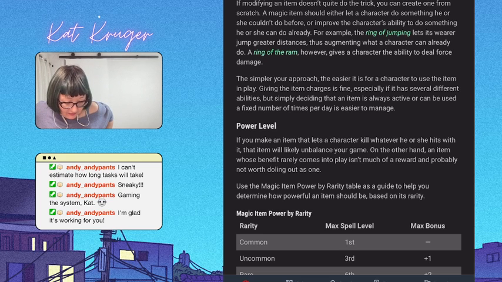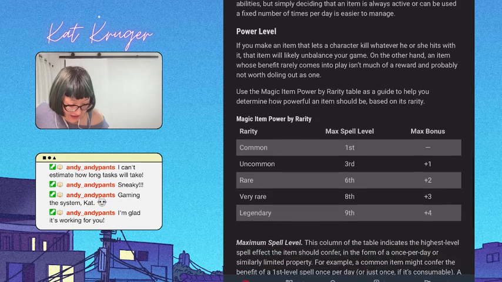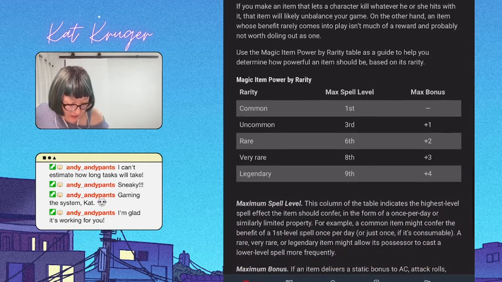There are rules for creating magic items in 5e, and you will see that in this handy guide here. It shows you specifically what the power level is of a magic item. There are 5 different rarity types: common, uncommon, rare, very rare, and legendary.